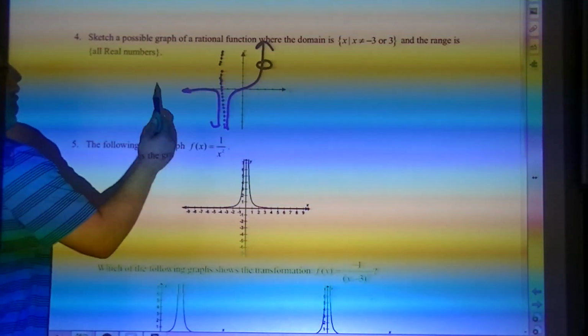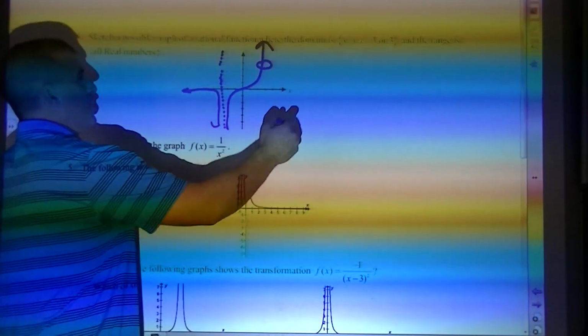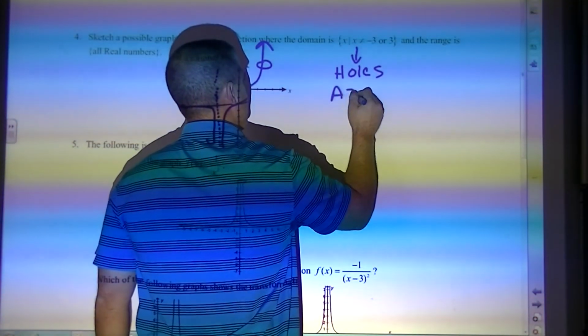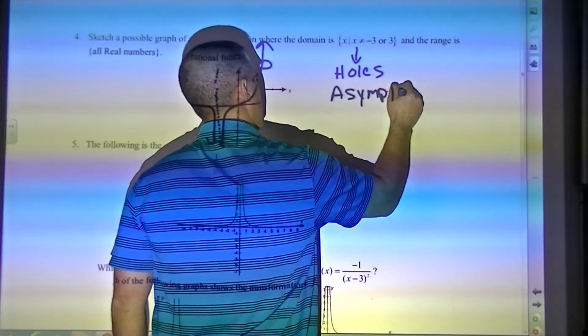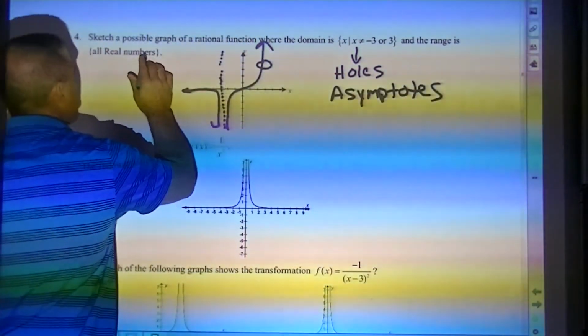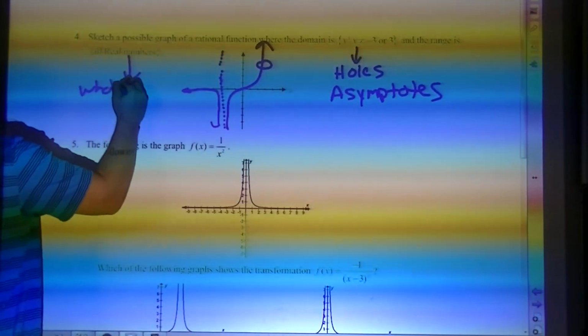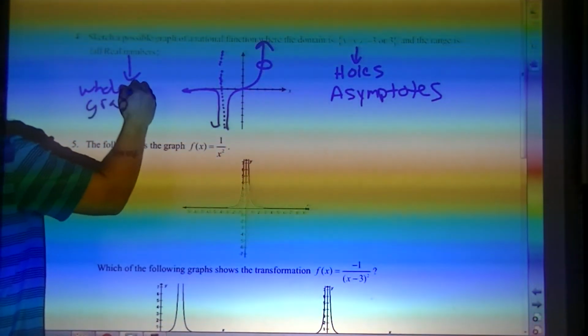So basically what you want to look for are holes and asymptotes. All real numbers just means it's going to stretch the whole graph. And this is going to be a multiple choice based question.